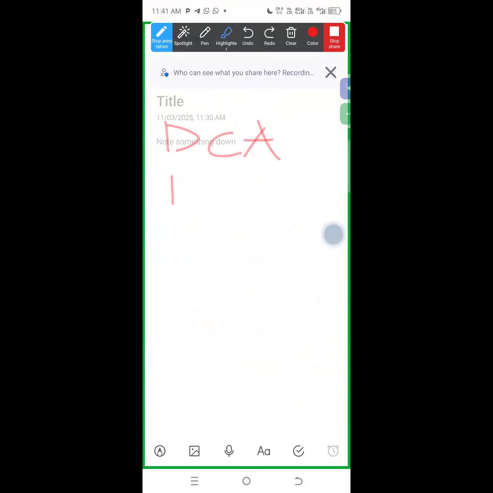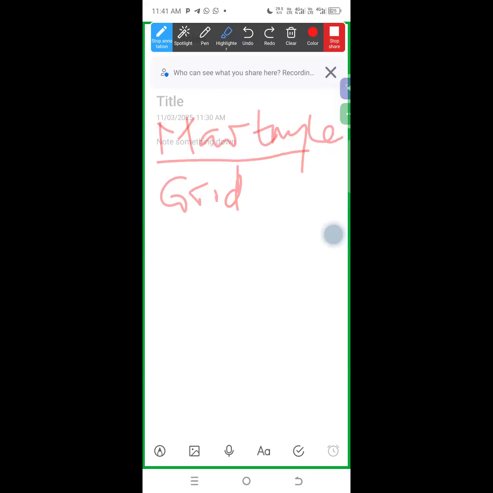The first one is called Martingale, and the second one is called Grid. So these two strategies are all about the application of dollar cost averaging.